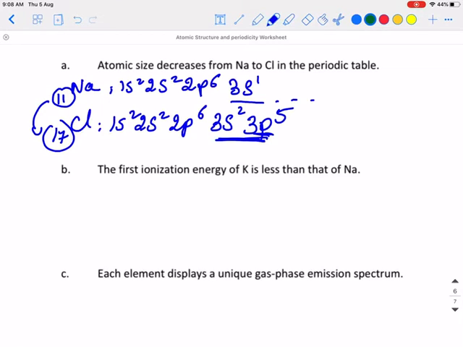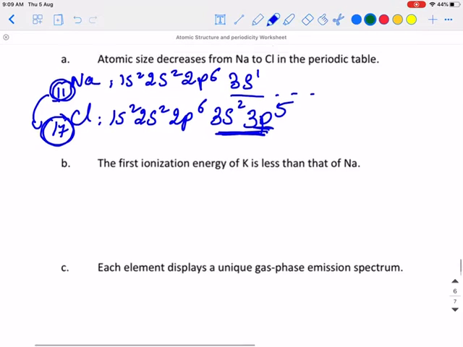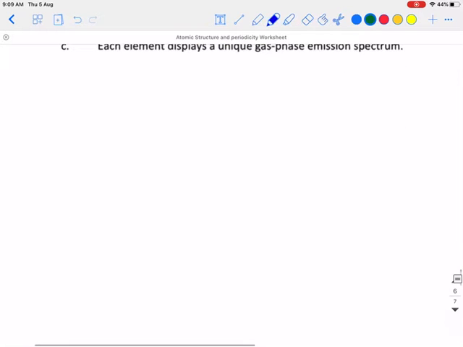So the added electrons only partially shield the added protons, which results in an increased effective nuclear charge. Because the nuclear charge is more than 11, it will attract the electrons towards it more, which makes the atomic size decrease. So let us write the answer.